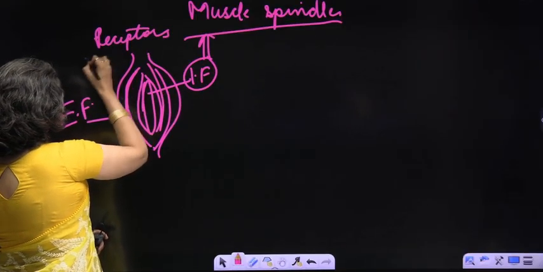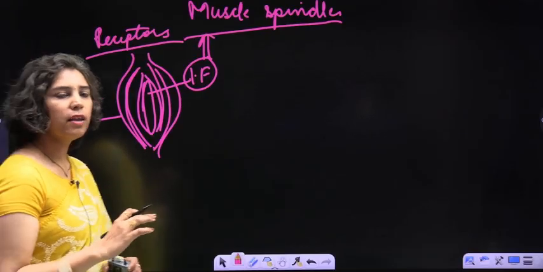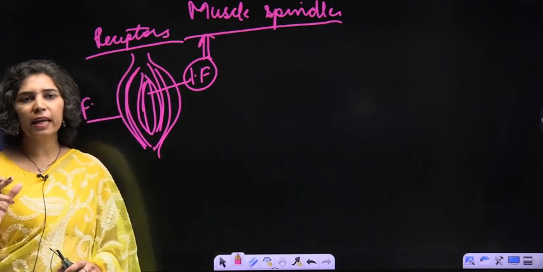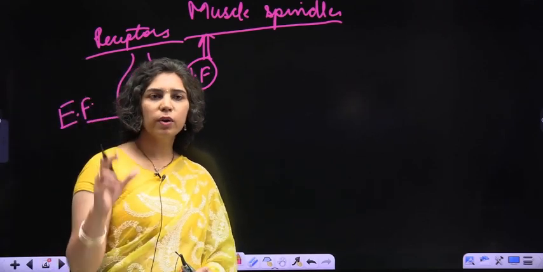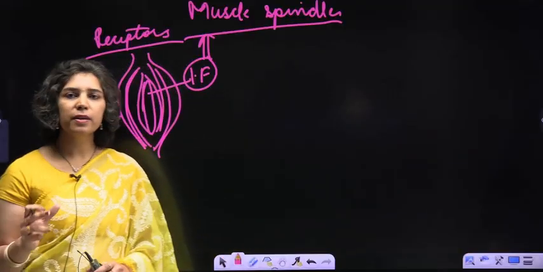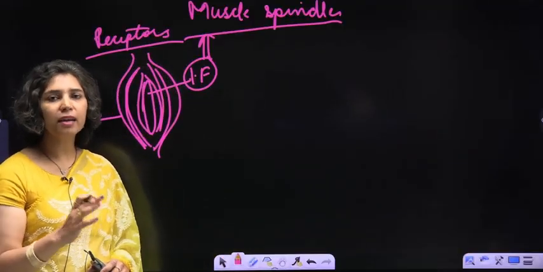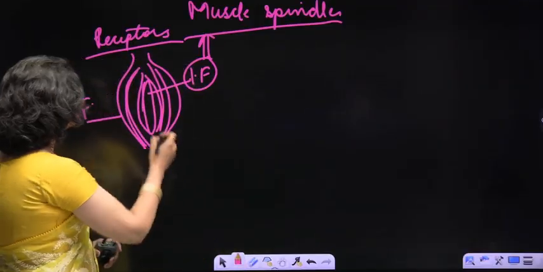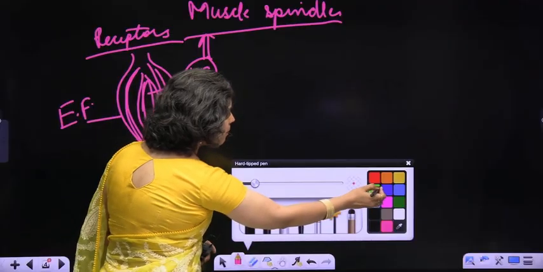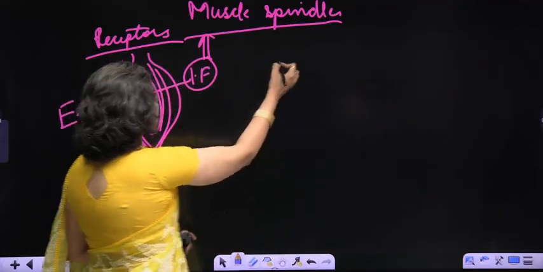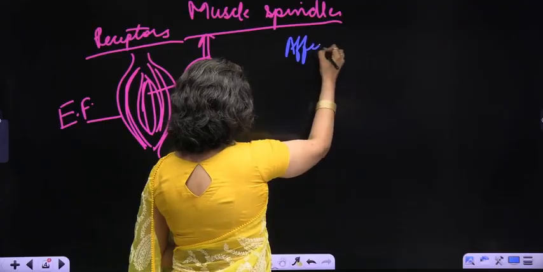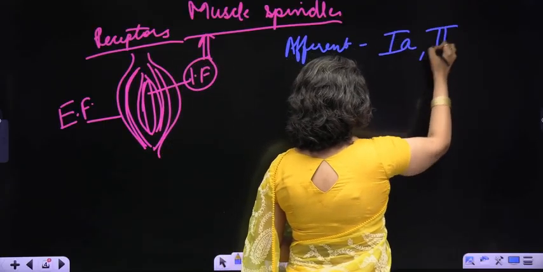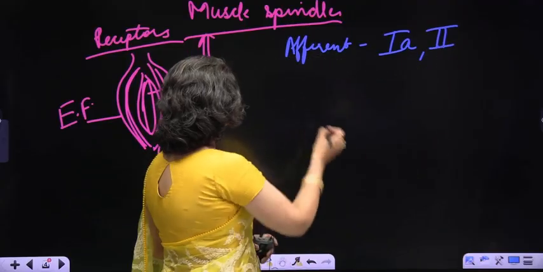Whenever we discuss any type of reflex, first of all, receptors have to be stimulated. Then the impulses have to be carried by some afferent fibers towards the integration center. Efferent fibers have to take the information back to the target organs, where we can see the effect of the stimulus. So in this case, the receptors are the muscle spindles. Afferent fibers are 1A fibers or type 2 fibers.